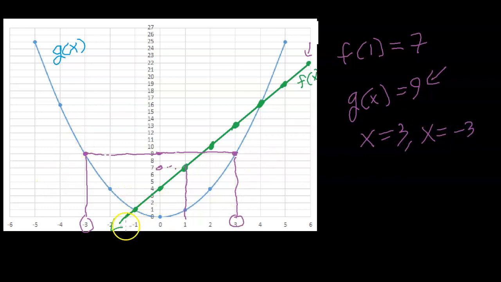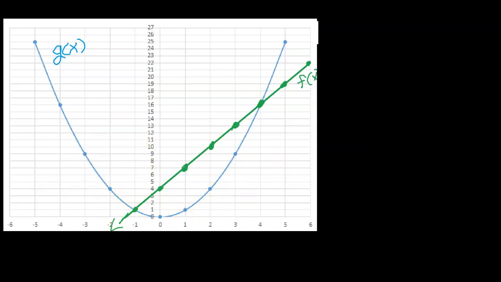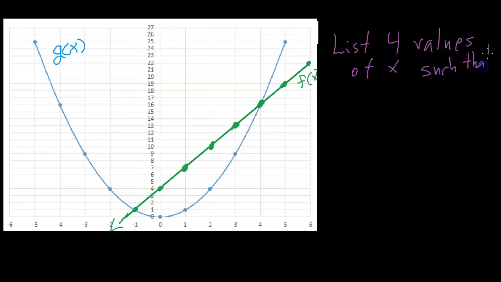Let's try to do something maybe more difficult than that now. Let's ask some questions that might require a little more thinking. Let's say, list 4 values of x such that f of x is greater than g of x, okay?